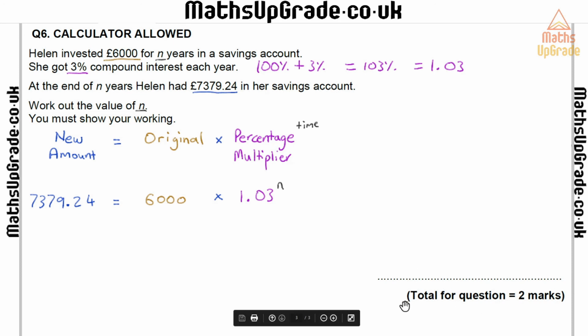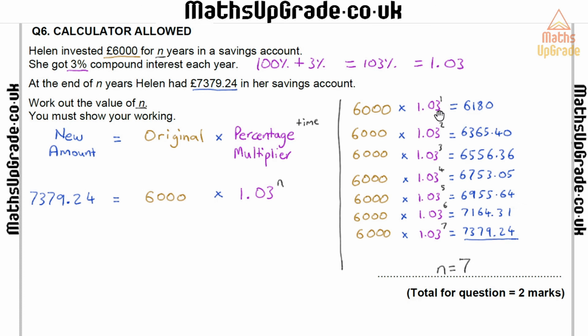After all, you're only given 2 minutes to do this question. So what you want to do on your calculator is type in this original amount and save it in the answer memory. So type in 6,000 equals, and that is then in the answer memory on a modern scientific calculator. Then clear your screen, then press the answer key and multiply by 1.03.